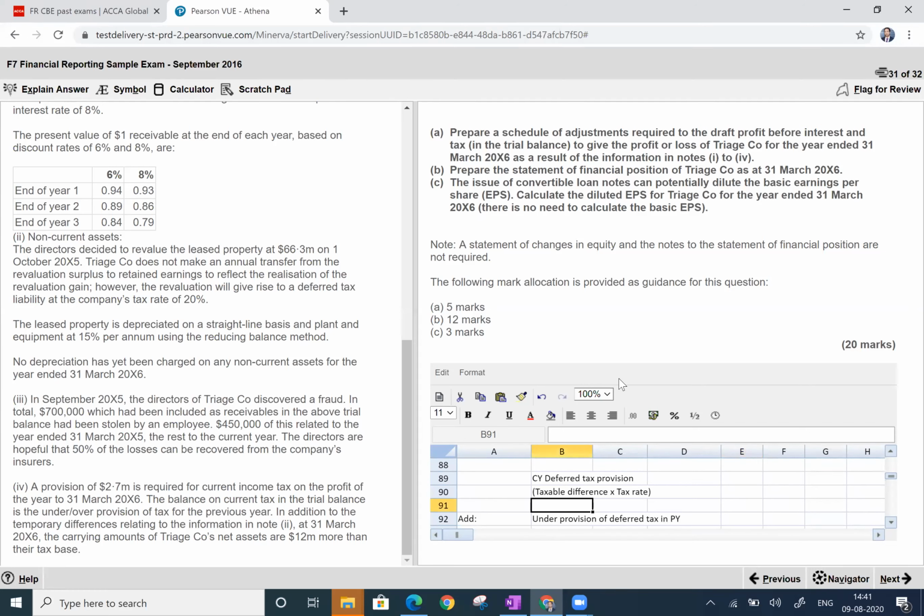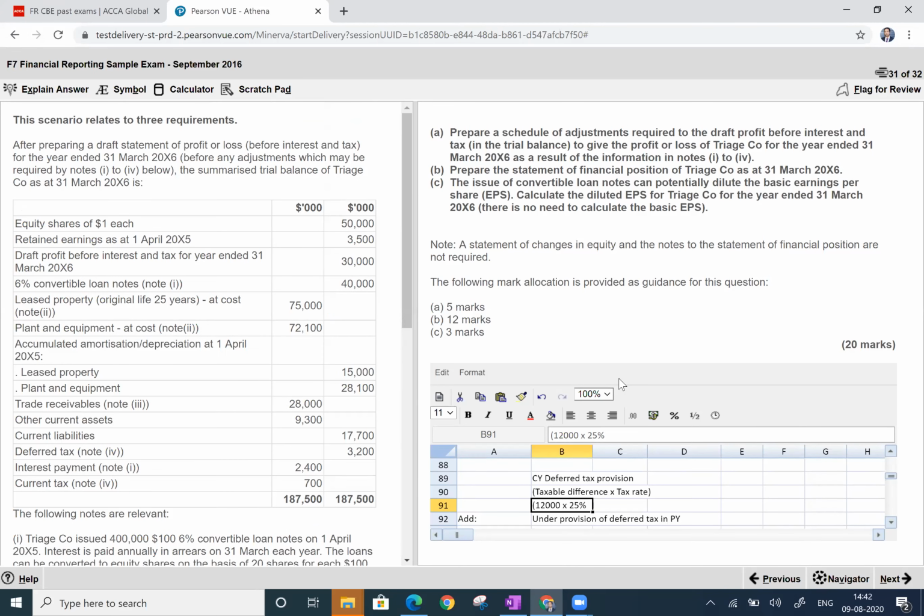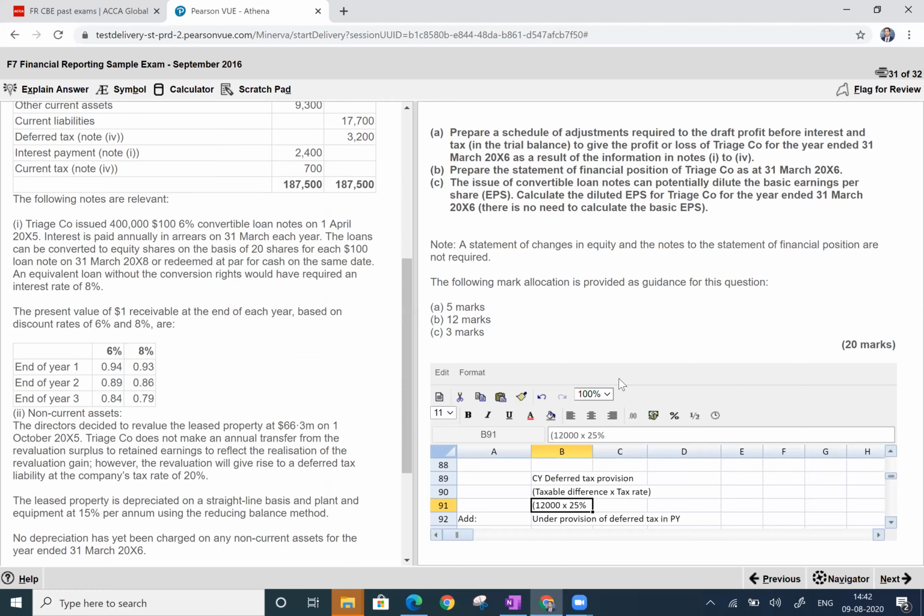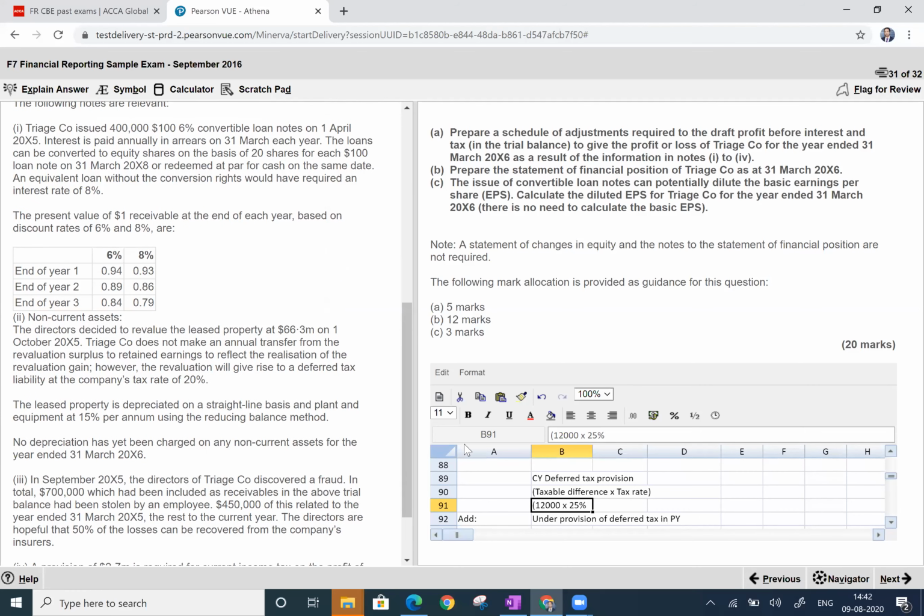So current year deferred tax provision: taxable difference in addition to revaluation surplus, 12,000, multiplied by how much is the tax rate? How have they given the tax rate? Here, in adjustment number 2, the tax rate is 20%. So multiplied by 20%.